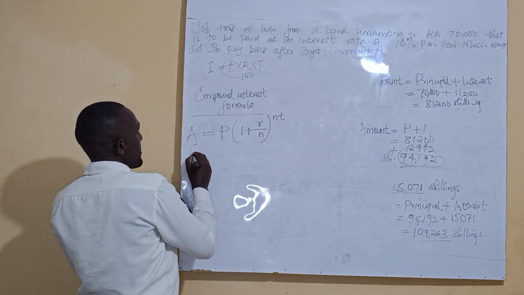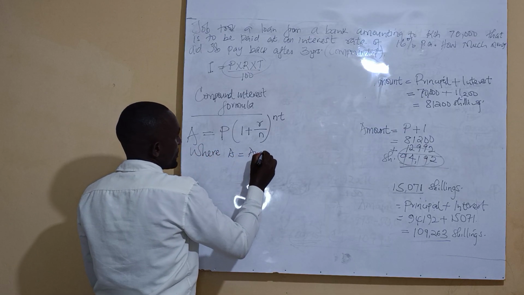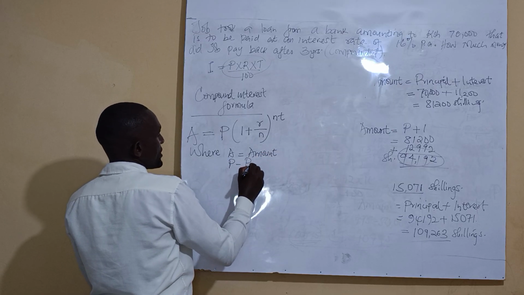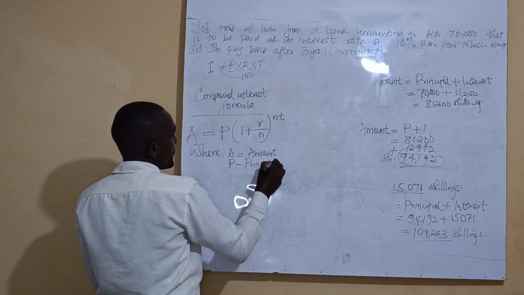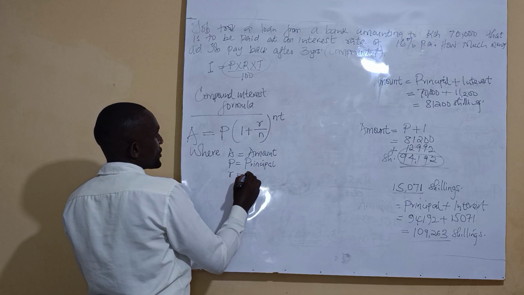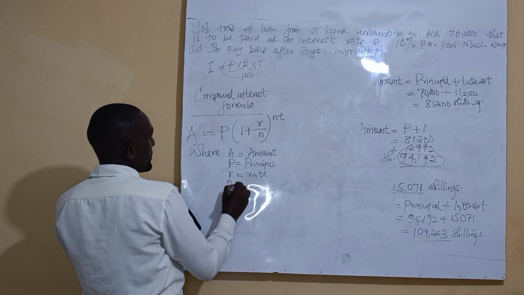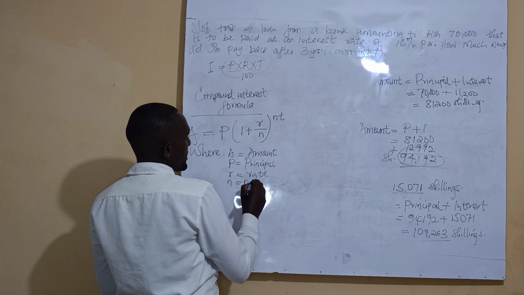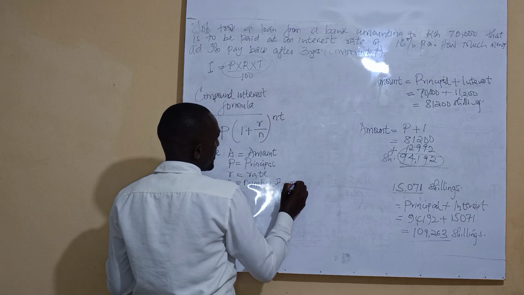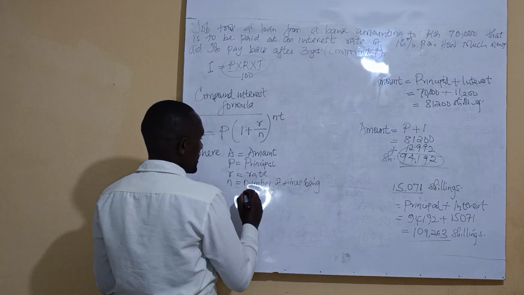Where A is the amount, P is the principal, R is the rate, and N is the number of times being compounded.